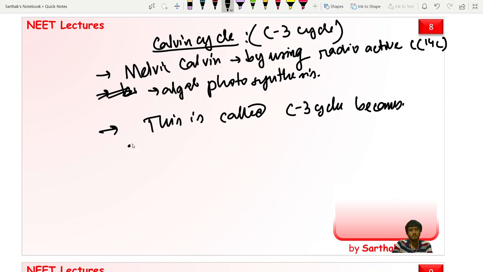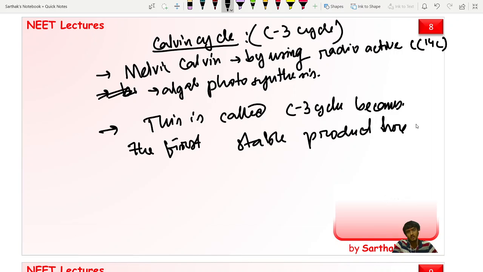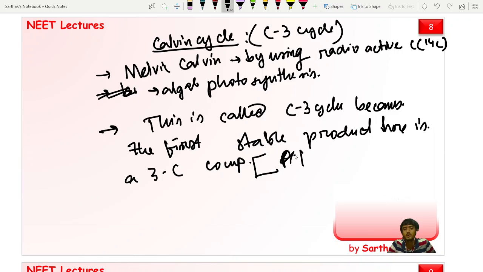It is called the C3 cycle because the first stable product here is a 3 carbon compound. That 3 carbon compound is, triose, no sorry, phosphoglyceric acid.